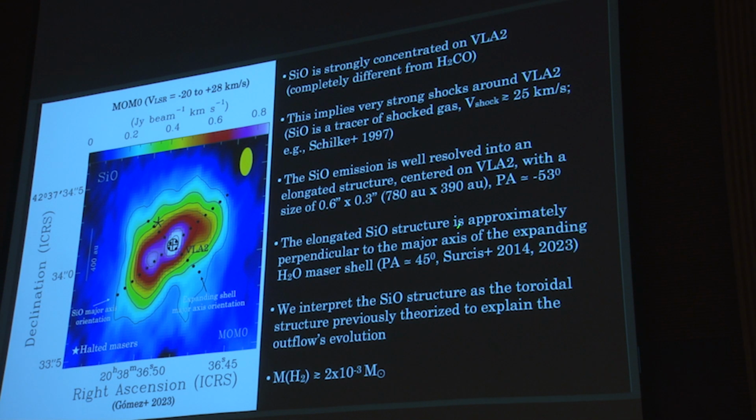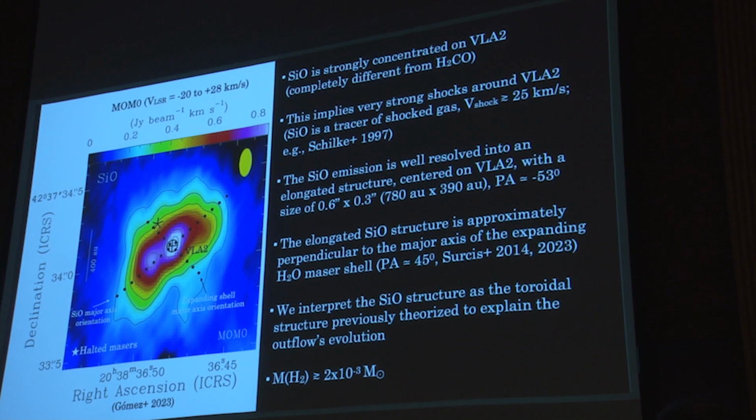The structure has a size of about 1000 AU along the major axis, and because of this distribution, we interpret the SiO structure as the toroidal structure previously theorized in our previous work to explain the outflow evolution.